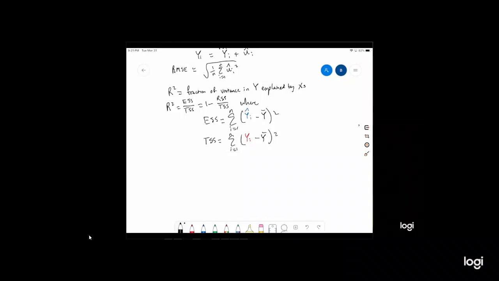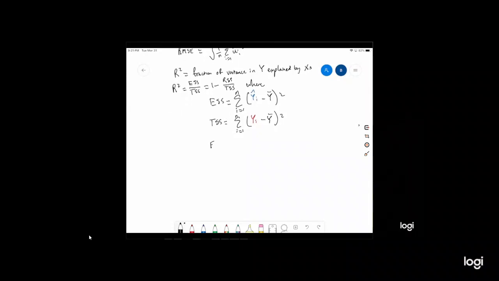So the difference between either the predicted values and the mean or the actual values and the mean of the data, and squaring all that. And then the residual sum of squares is equal to the sum of i equals 1 to n of the u hat i squared.